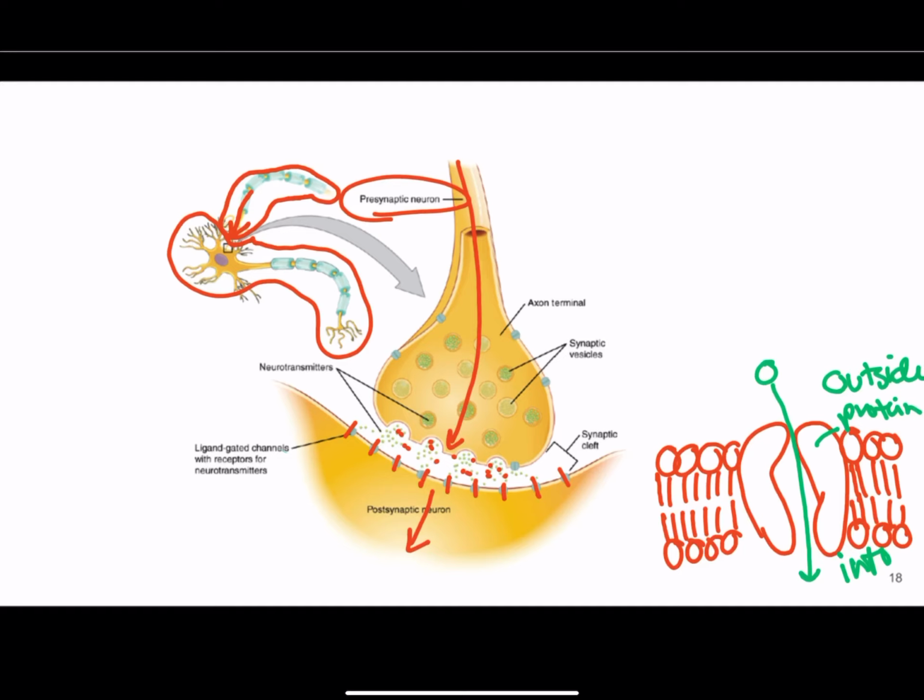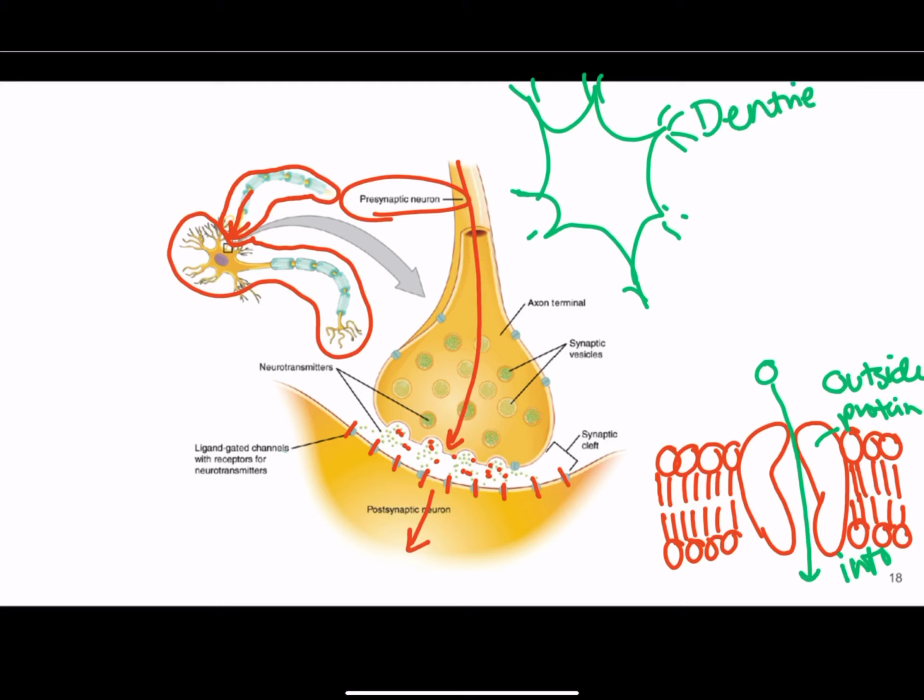So I did want to teach y'all a couple parts of this neuron. The part over here that actually receives the signaling, and it looks like it almost has spidery arms, I'm going to do this in green. This is a dendrite, and that is actually what receives the signal. In yellow, this is our soma, or the cell body of our neuron.